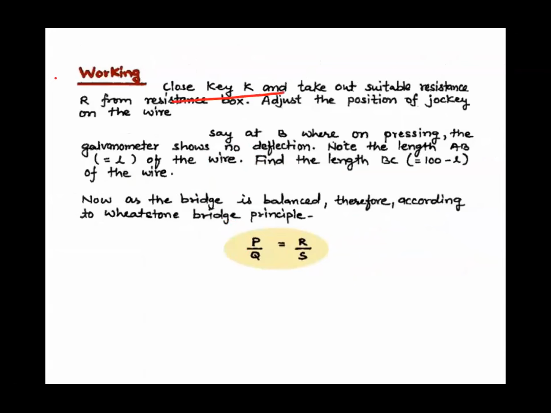We closed the key and then removed suitable resistance from the resistance box R. After that we adjusted the position of the jockey to get the balance length where the galvanometer shows zero deflection. So that is your AB, that was L. What was remaining? Remaining was 100 minus L, that is BC.